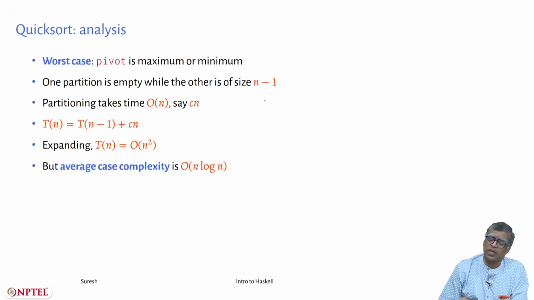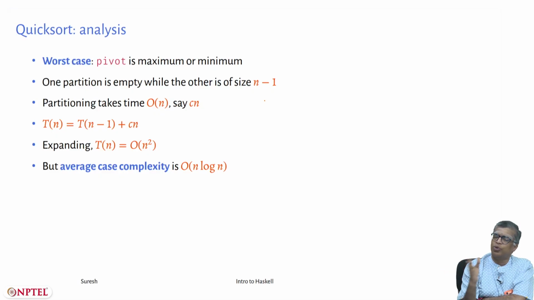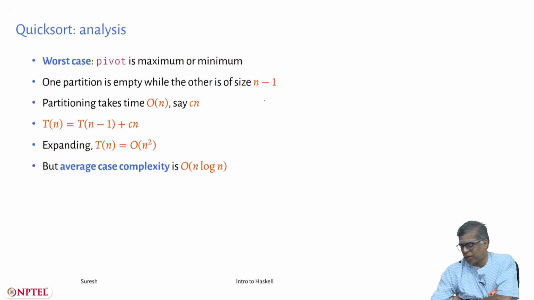But one's hope is that whenever you pick a pivot, it's sort of in the middle, and so therefore your time complexity will be more like that of merge sort, while avoiding the complexity of merge. You just do partition, you don't have to do merge, and partition takes order n time, so the same kind of recurrence you can write.